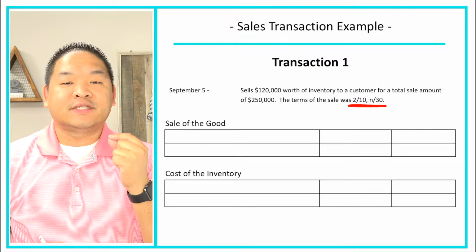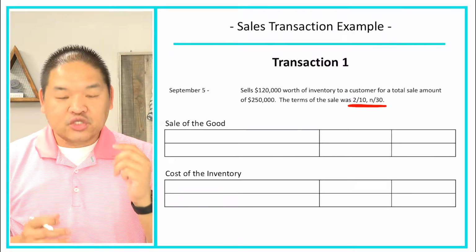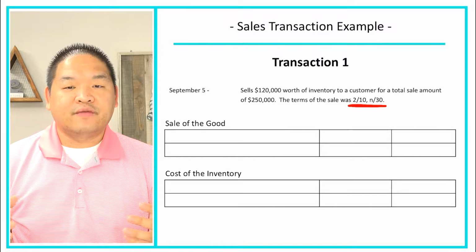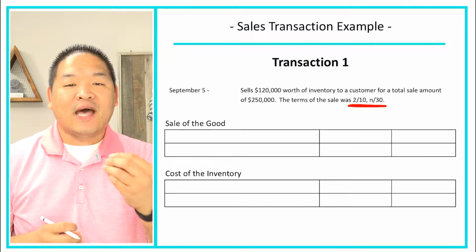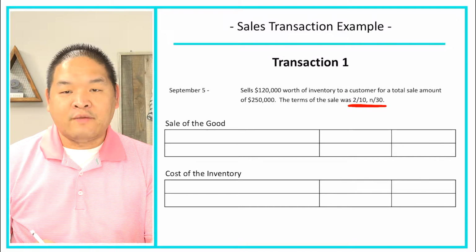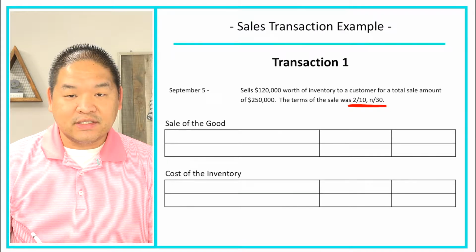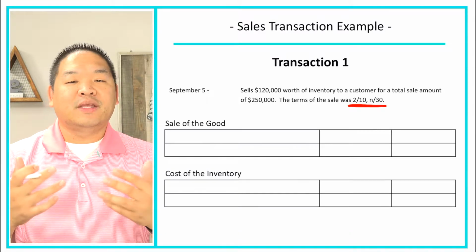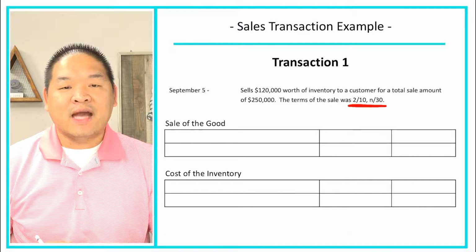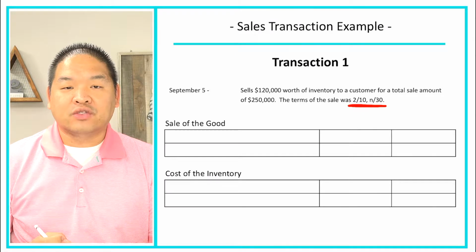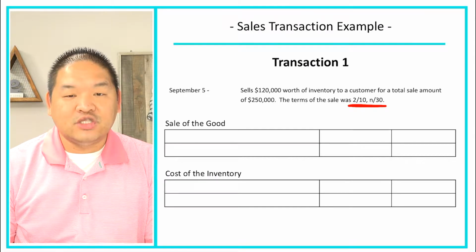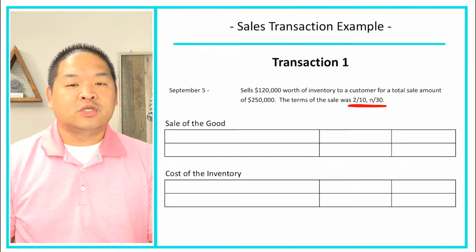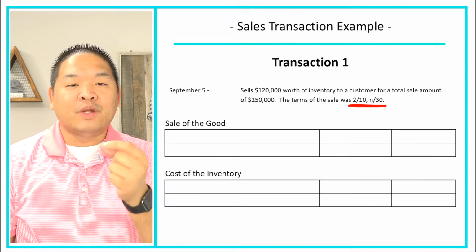So if we start with the sale of the good, how much did we sell our merchandise for? Well, we sold it for $250,000. So when we sell goods, that is considered revenue. So revenue is going to increase because we sold $250,000. In return, we would normally get cash, but we know we're not getting cash. So instead, we are getting an accounts receivable. So we are going to increase the accounts receivable. An increase of an accounts receivable, which happens to be an asset, would be a debit.